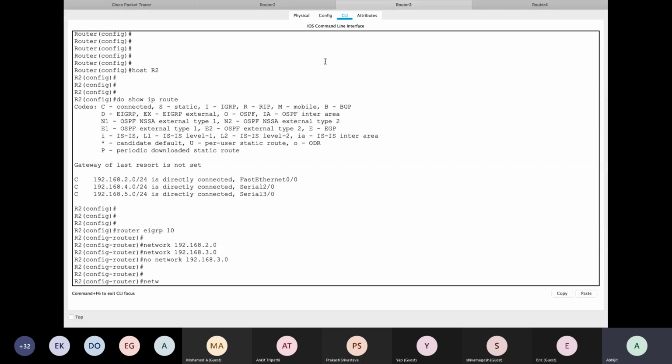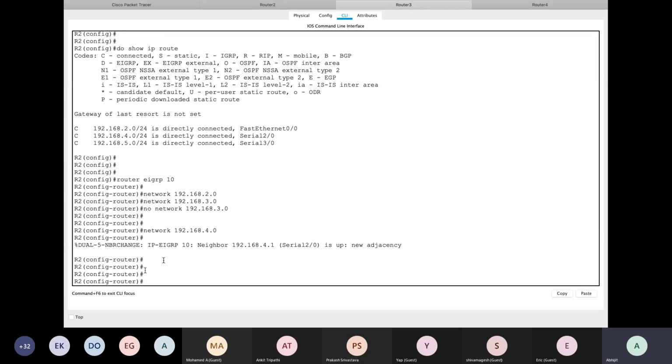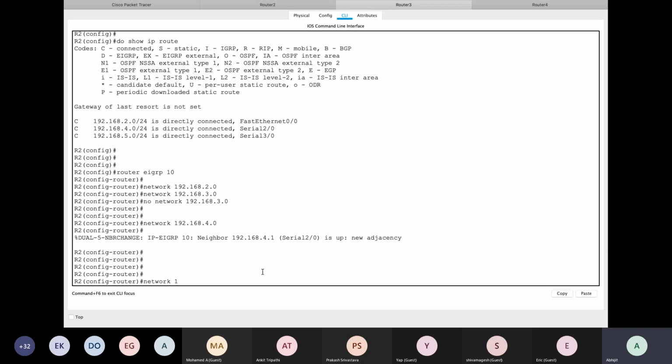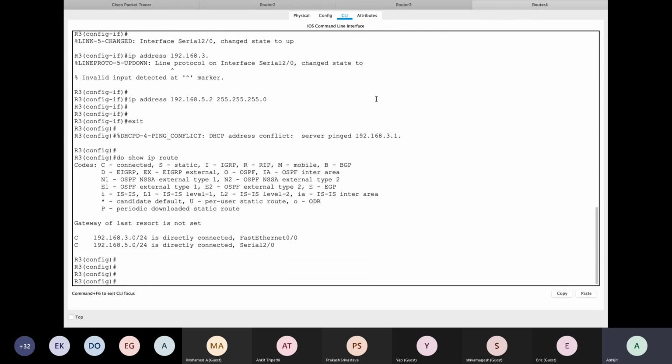And then I will advertise the correct route, which is 192.168.4.0 and 5.0. There you go. You see, instantly there is an update that says new neighbor adjacency is up. And then I will advertise my next network, which is 192.168.5.0. See that? And then we will go on to the next router and advertise these.